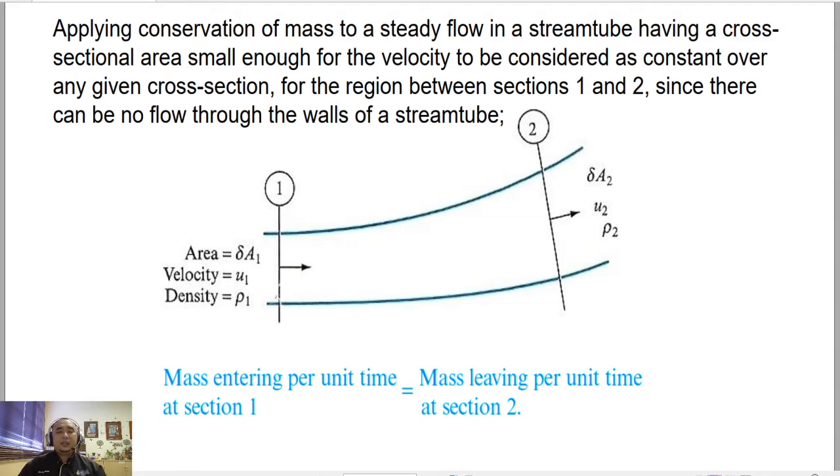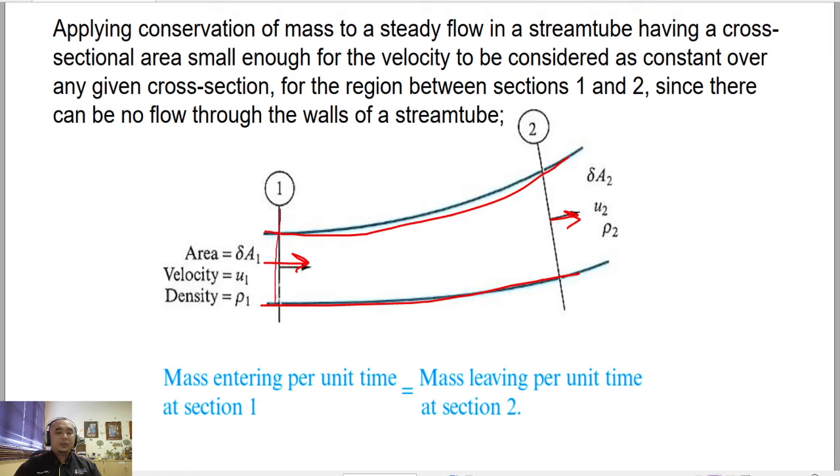Okay, so since ini adalah control volume, okay, so kita punya boundary. Okay, boundary, and then kita akan ada flow in, flow masuk, and then the mass must equal to the mass out. Mass in is equal to mass out. So mass entering per unit time is section 1.